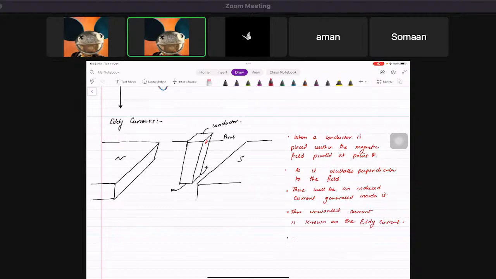And then what happens is that this current causes damping, as we have seen in the previous experiment as well.